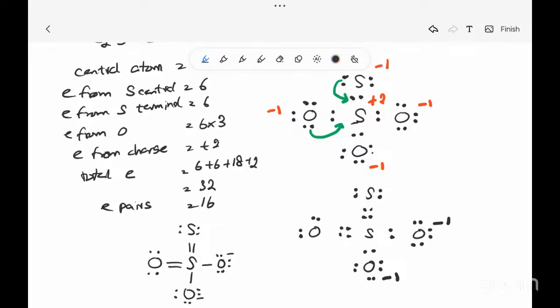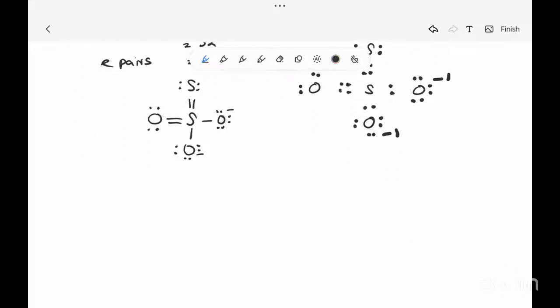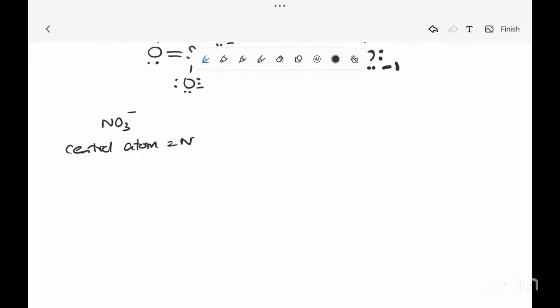Right. The next one, NO3 minus ions. So the central atom should be nitrogen. Then electrons from nitrogen, then electrons from three oxygen atoms, 6 into 3.